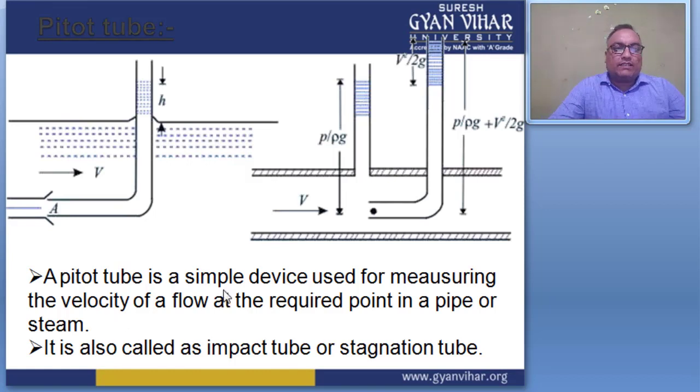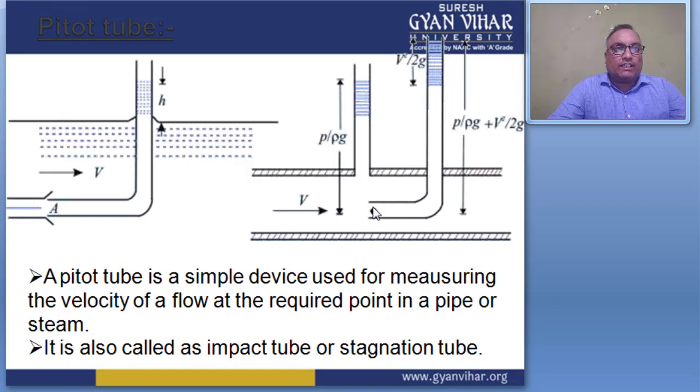And here, this tube gives the stagnation pressure of the flow. It is also called an impact tube or stagnation tube.